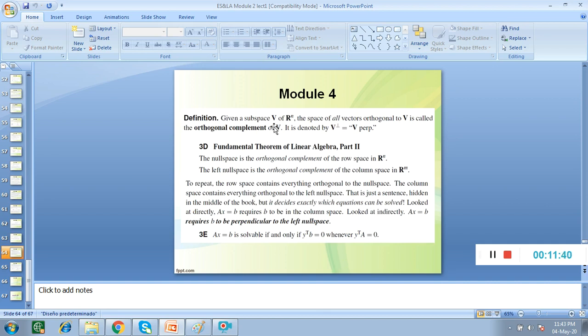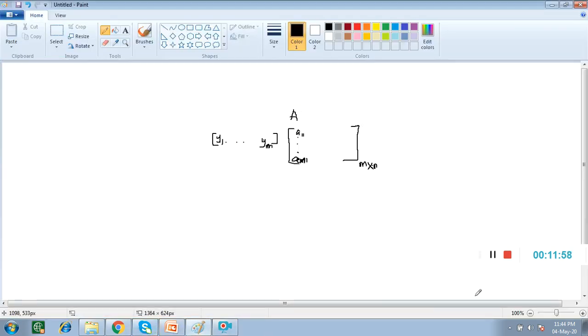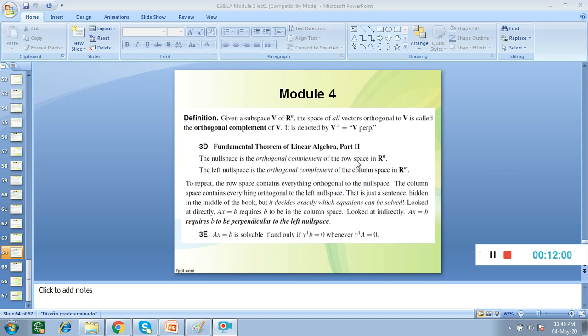The next one is regarding, we consider a subspace V. Let's say V is a subspace. Let's say it is n-dimensional. Then the subspace of all vectors orthogonal to V, means there can be one more subspace, all vectors orthogonal to V, is called the orthogonal complement of V. It is denoted by V perpendicular.